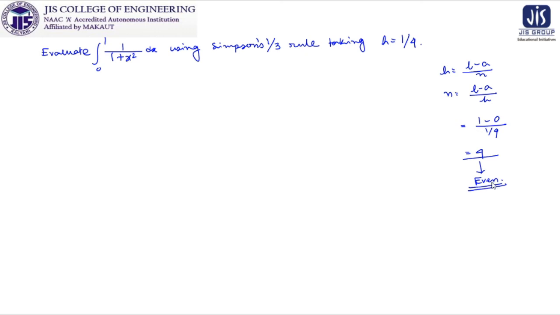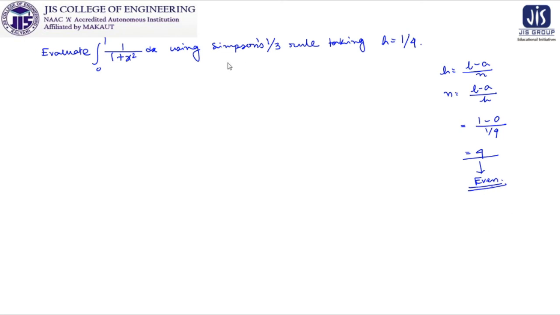If I give you h instead of the number of subintervals, and you start doing the problem, you may not be able to complete it, because sometimes h is such that it does not create an even number of subintervals. That type of problem is given to confuse you, to see whether you have this prior checking criterion, that is, whether n is even or not.